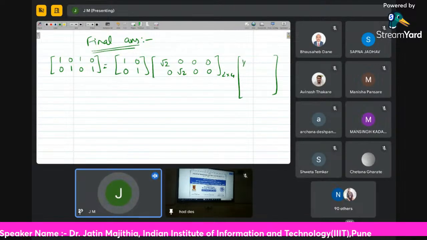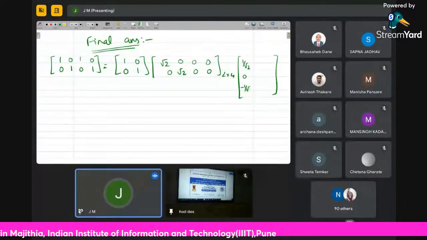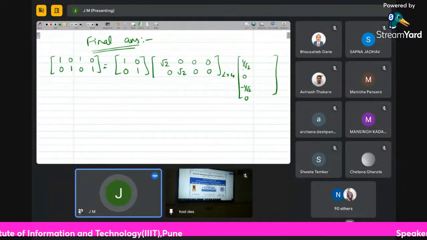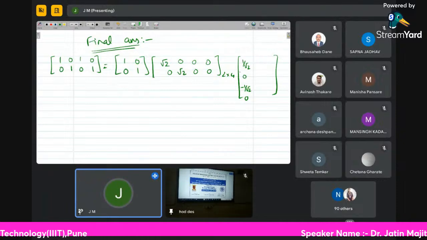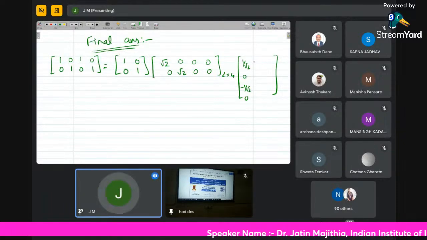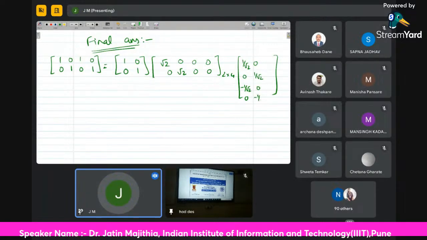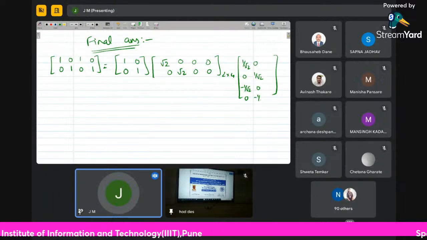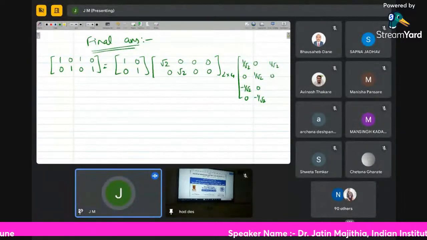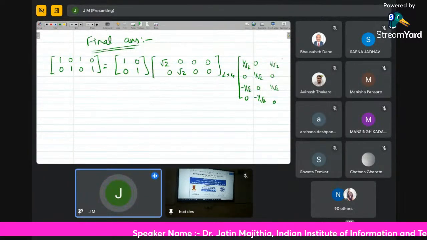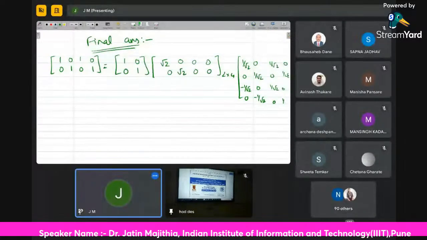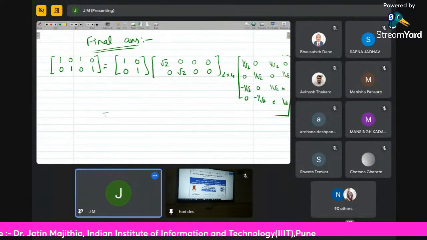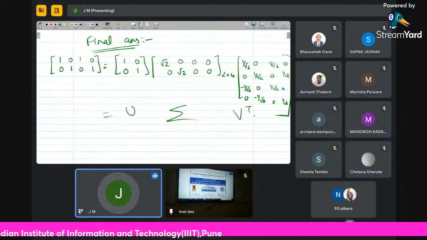So 1 by √2 0 -1 by √2 0. Second row was 0 1 0 -1. Now this will be 0 1 by √2 0 2. My third one will be 1 by √2 0 plus 1 by √2 0, and the last is 0 1 by √2 0 1 by √2. So this is my U, sigma, and V transpose.